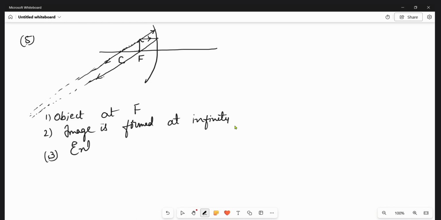It is an enlarged image, and it is real and inverted.